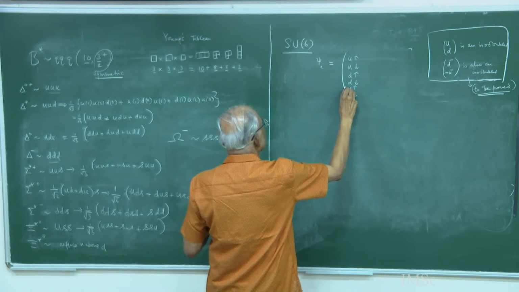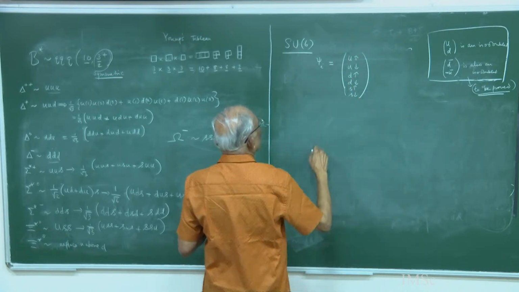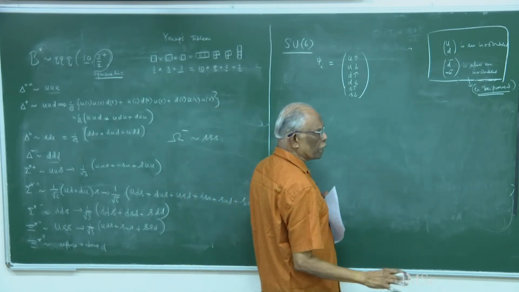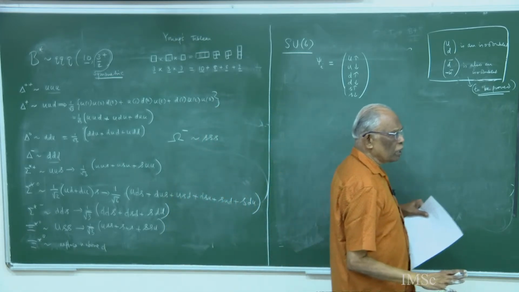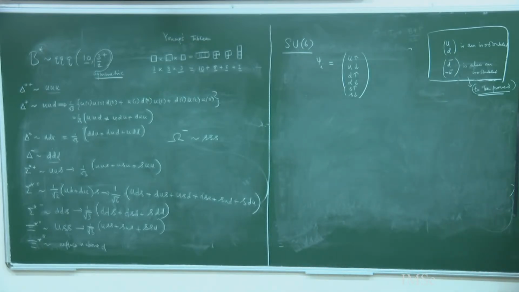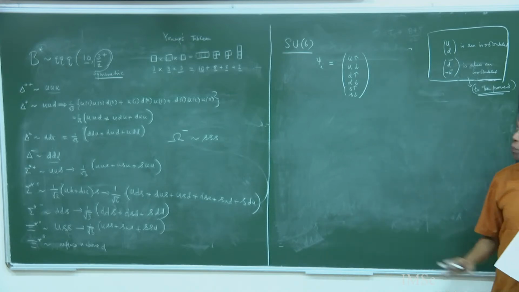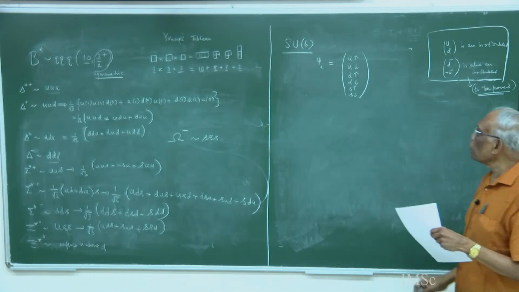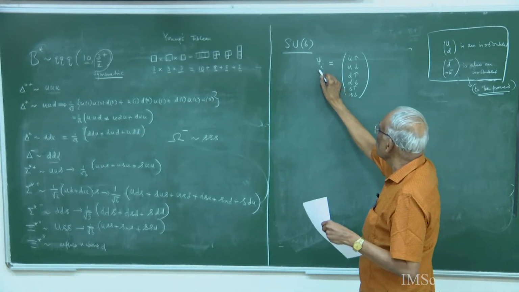So there are 6 objects. Remember SU3 is a symmetry of unitary transformations on 3 objects UDS, but it turns out that there is a 6-dimensional unitary transformation on this. So that is called SU6, I goes over 1 to 6.